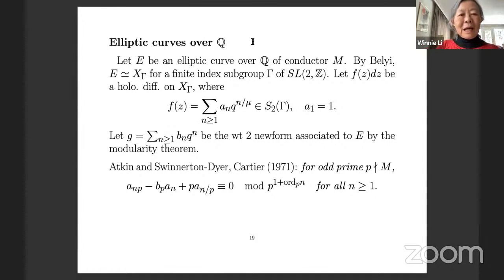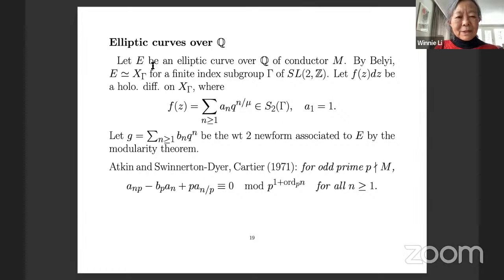Now for the remaining time, I will talk about the modular forms for non-congruence subgroups. Okay, so let me start with an elliptic curve over Q with conductor M. Okay, so we have seen one example, but this is a general situation. So the Belyi theorem tells us that this elliptic curve is isomorphic to the modular curve for a finite index subgroup Gamma of SL2(Z). Okay.